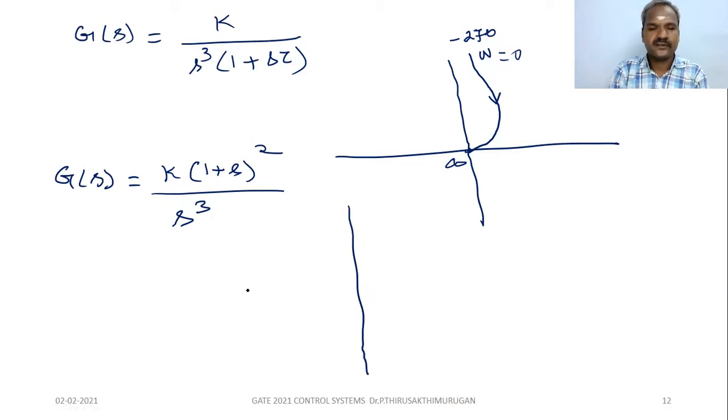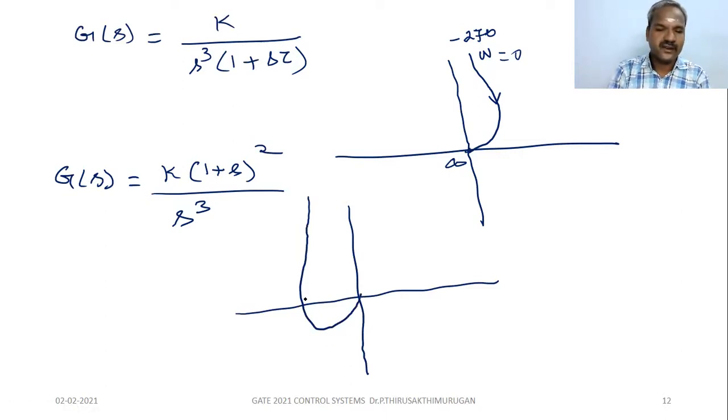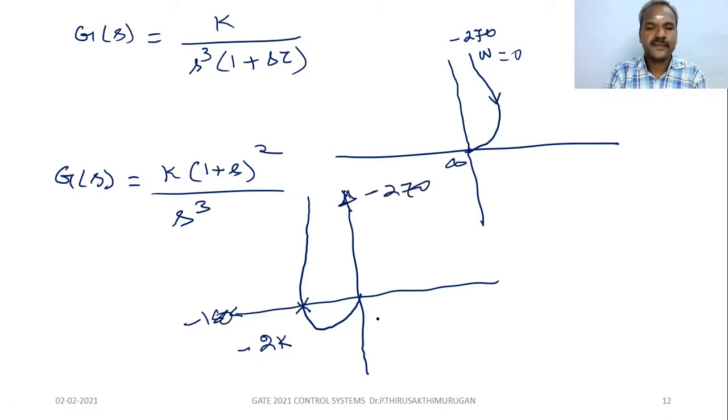So the polar plot for this transfer function starts from minus 270 and ends at 0 magnitude at minus 90, right? So the crossing point is 2 times K. This is 2K, minus 2K, right? So this is minus 180. This is minus 270.